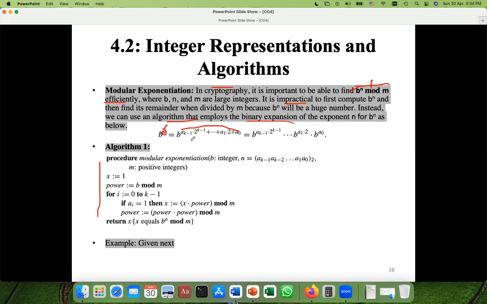If it is written like that, you can further convert it into b^{a_{k-1} 2^{k-1}} multiplied with b^{a_{k-2} 2^{k-2}}, and then on to b^{a_1 2}.